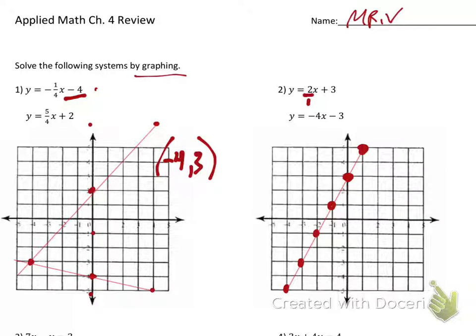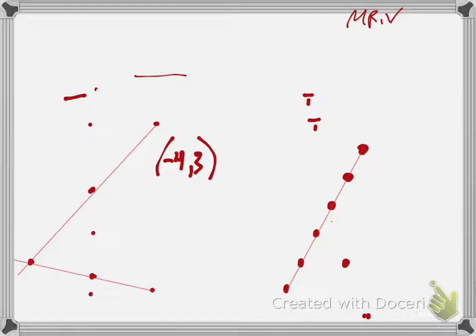Second equation, I start at -3. And then it's -4/1. So I can't go down 4. If I did, I'd be off the graph. So I go 1, 2, 3, 4, and to the right 1. So I'd be about there.